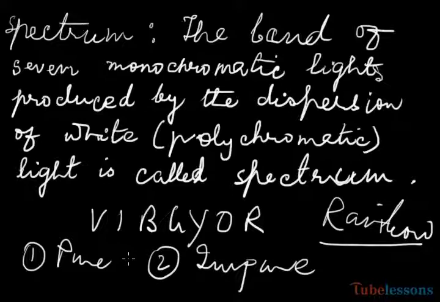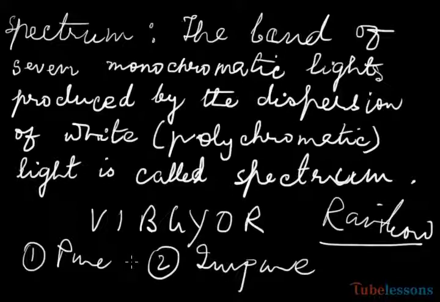So keep in mind that rainbow is an impure spectrum and it is a natural spectrum. Pure spectrum cannot be found in this manner. Pure spectrum can be formed artificially by using prism, convex lens, slit, screen, etc.